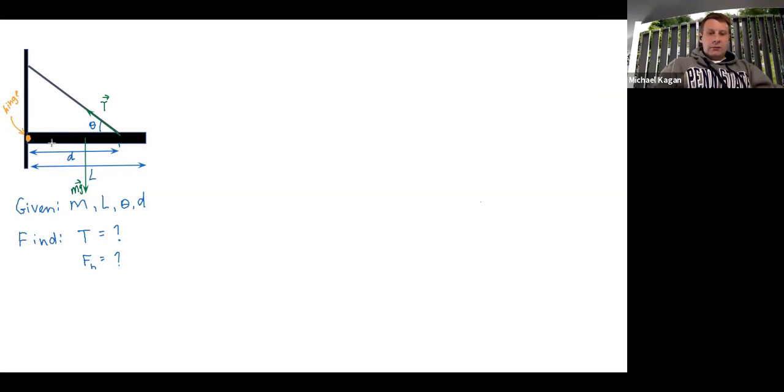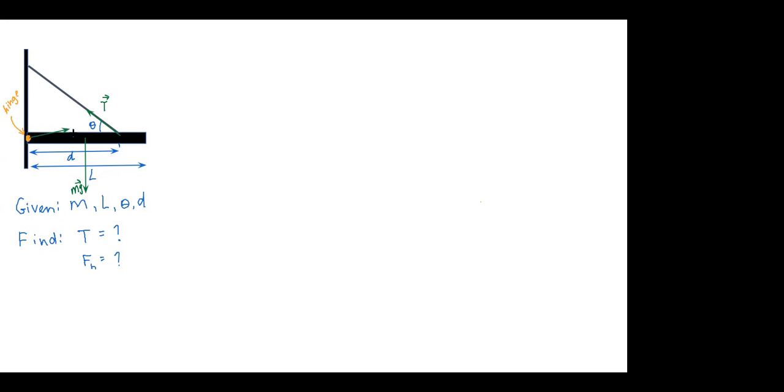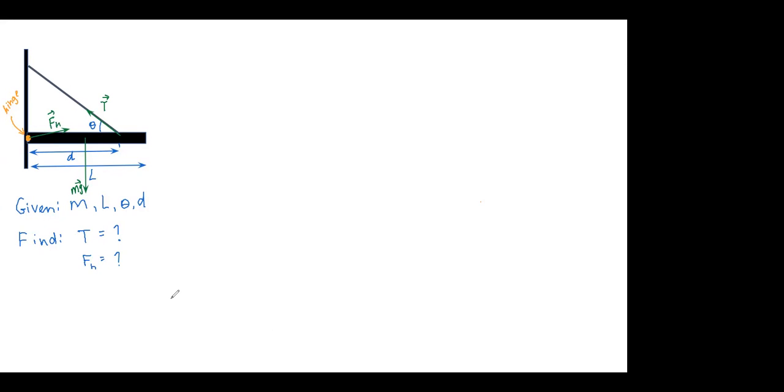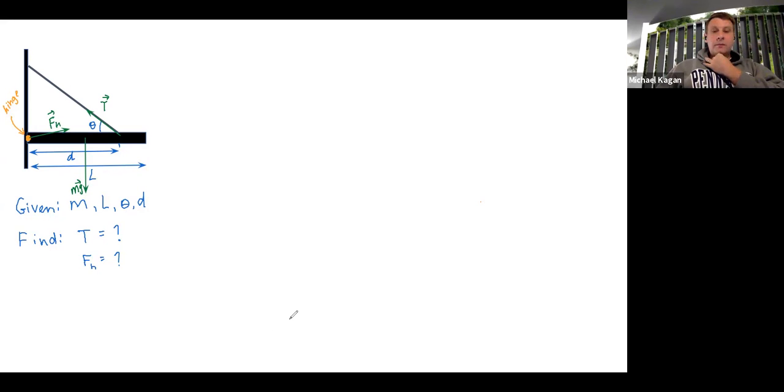Okay, let's draw it. If we find out that it's different, we'll fix that. But it's really hard to tell when you start the problem which direction the hinge force would point. It usually follows from your math later on. Okay, that should be it, right? So three forces. Now let's start writing the equations down.